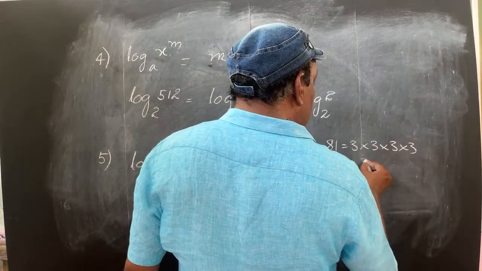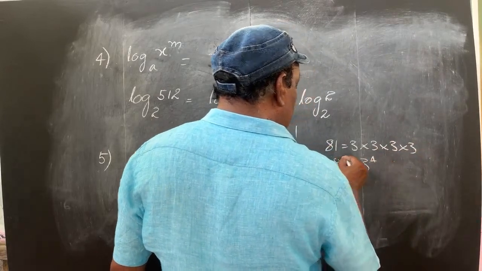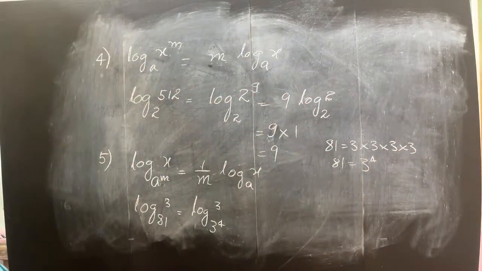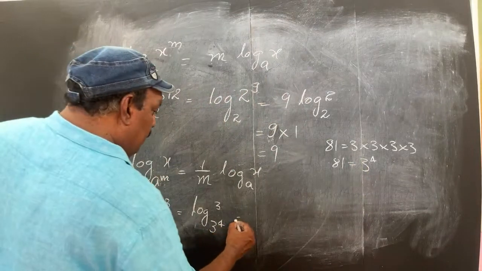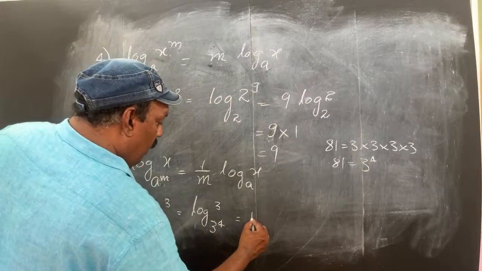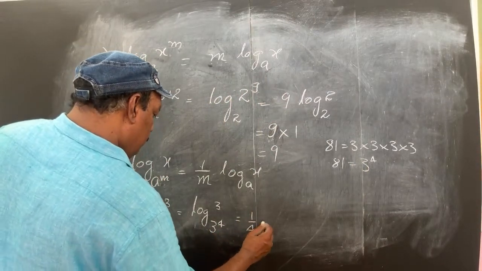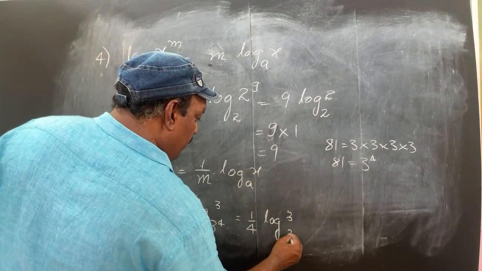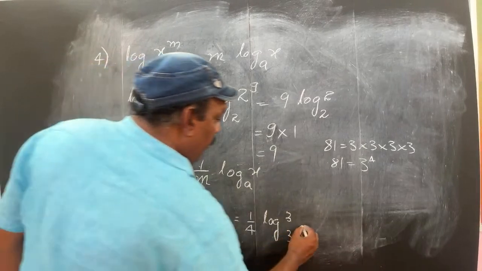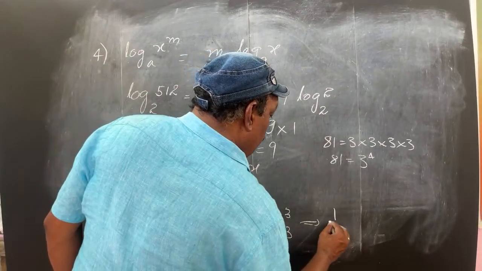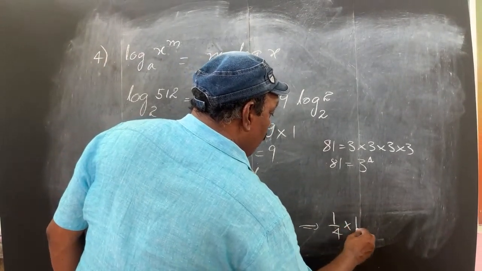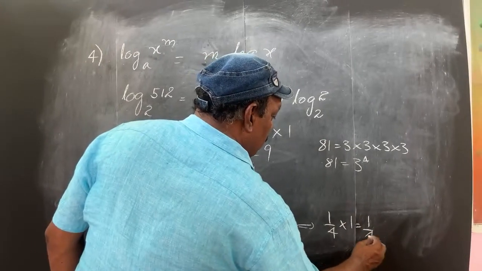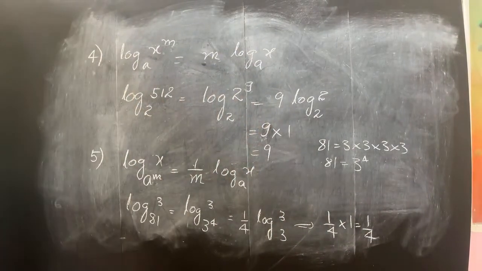That means 3 to the power of 4 is nothing but 81. Now we will write this as 1 by 4 log 3 base 3, which is 1 by 4 into 1, equal to 1 by 4. So this is formula number 5.